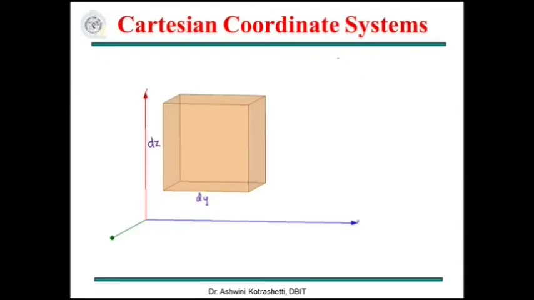So for the front face, I'll call it dA is equal to dy into dz. Now I also have a back face. What's the area of the back face? That is also dy into dz.